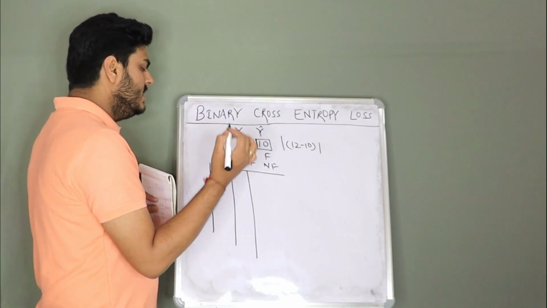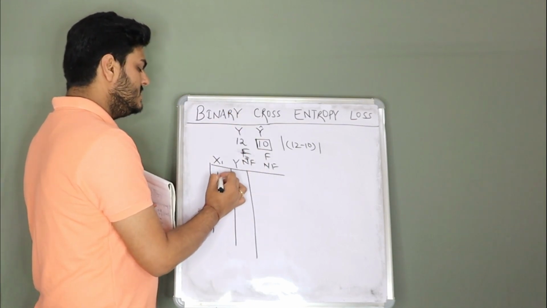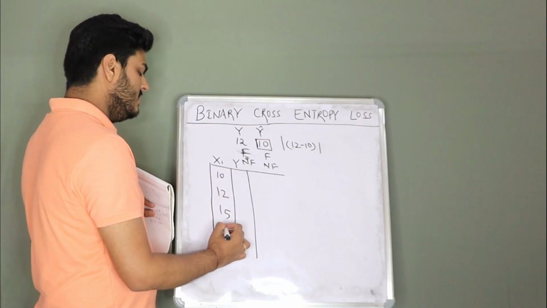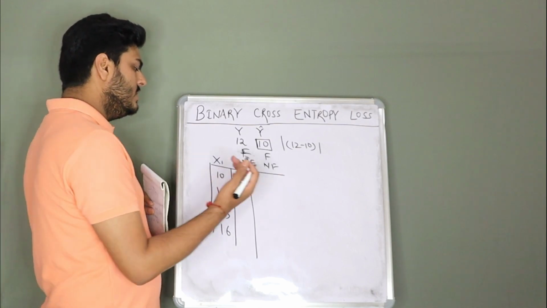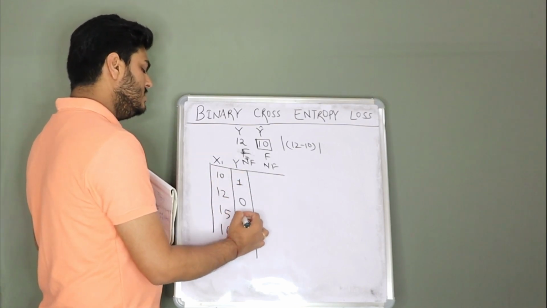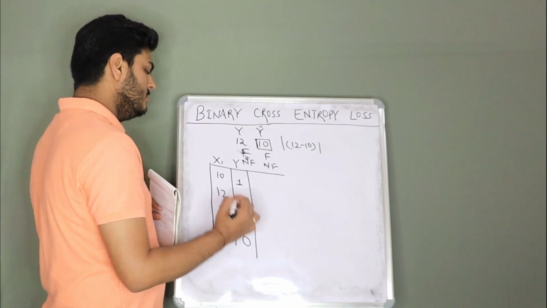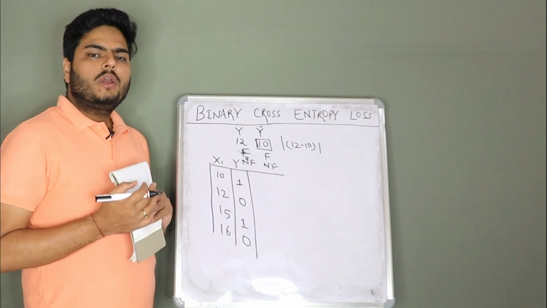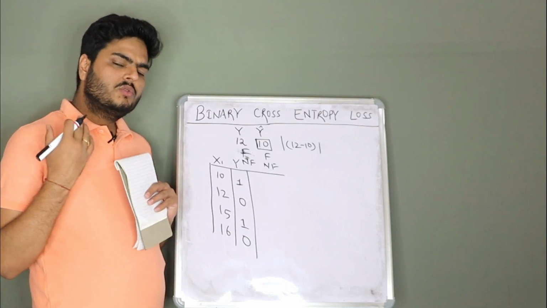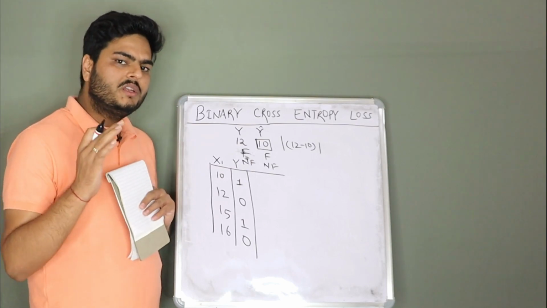In your input feature you have some values, let's say 10, 12, 15, 16, and in your target feature you have this is class 1, this is class 0, this is class 1, this is class 0.